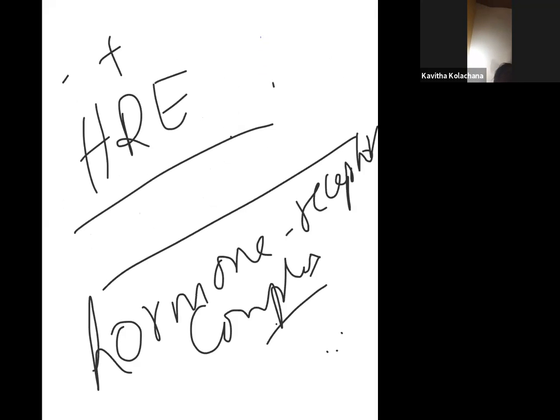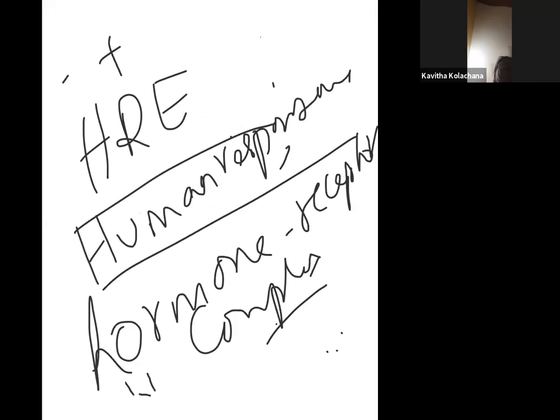Hormone responsive element. When the hormone acts on the target sites and binds with the specific DNA, everything is specific. When it combines with a specific DNA, it creates a hormone responsive element, HRE. And then the genetic expression of that particular gene is changed.